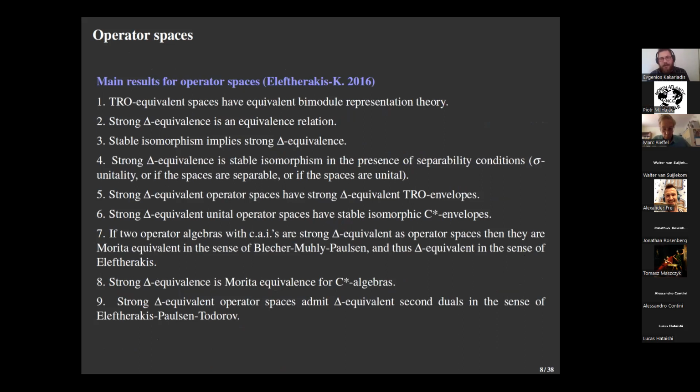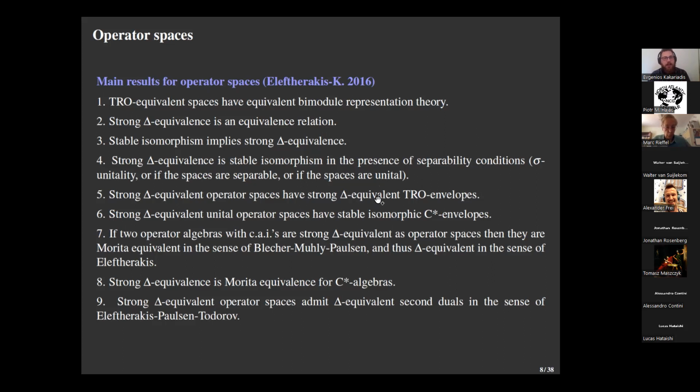Right. Some results that we have from that work. First of all, with the first trick, TRO equivalent spaces admit equivalent bimodal representation theory, but I'm not claiming the converse of that. Actually, the converse would be a very nice thing to have. I don't have a clue how to get it.